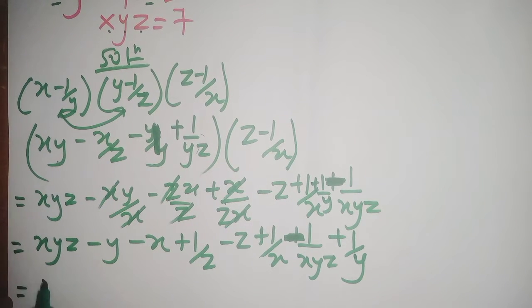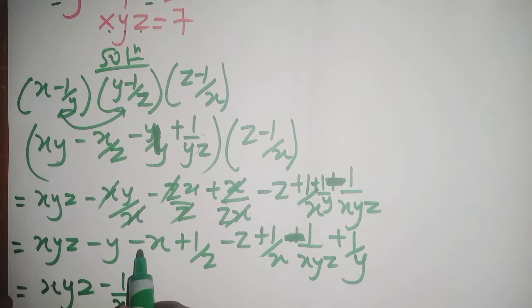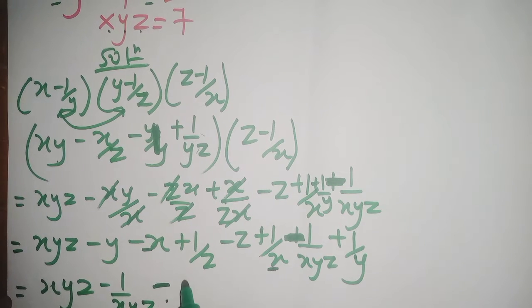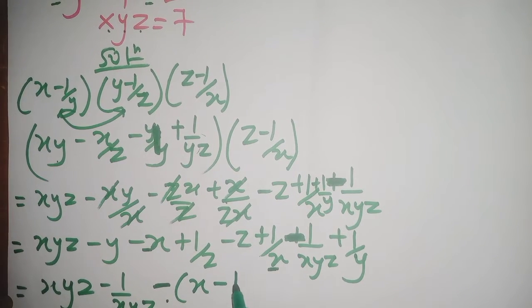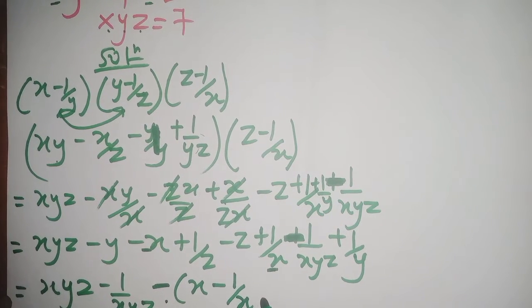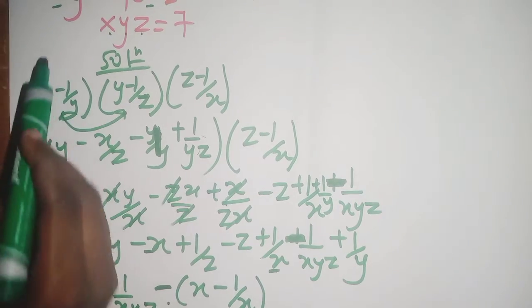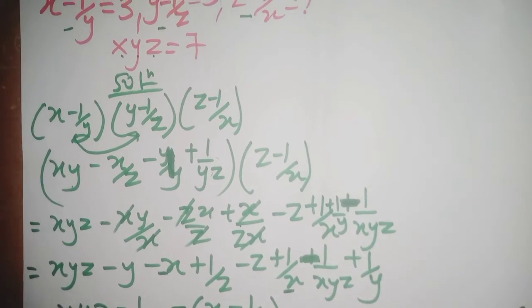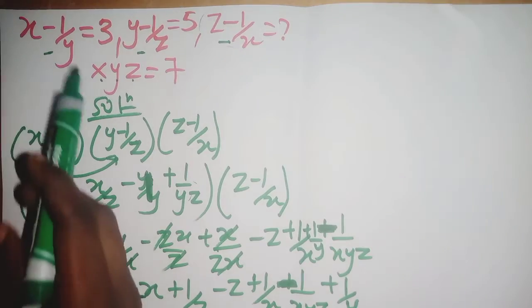Now let's try and group like terms. Remember we have xyz here, and then we have the reciprocal of that, minus 1 over xyz, and then the next time we have minus x, and then that here, so we just bring minus outside, and we have x minus 1 over x in this. So to make it easier, let's write this whole equation in terms of the general one that we see over here.